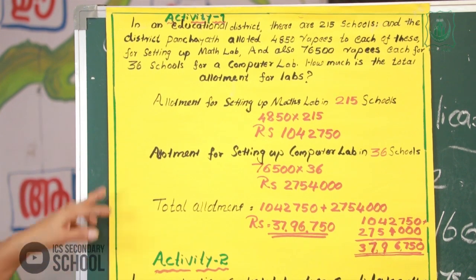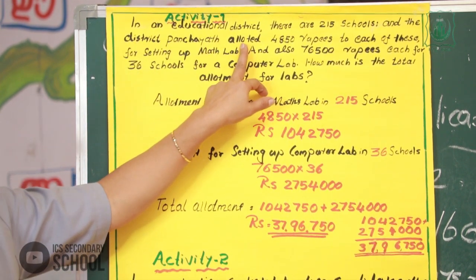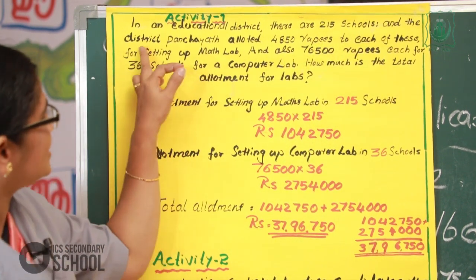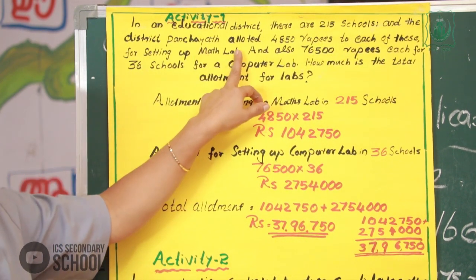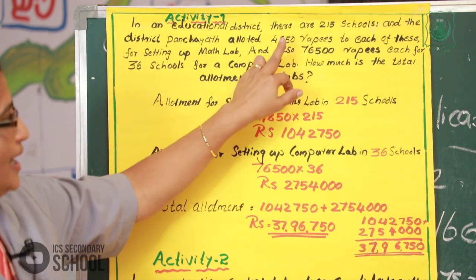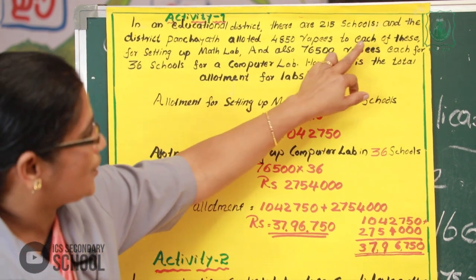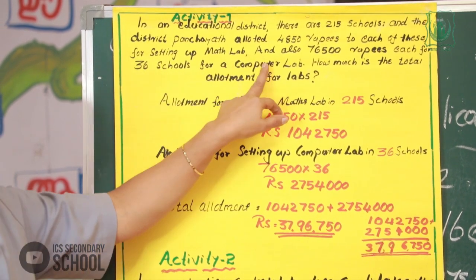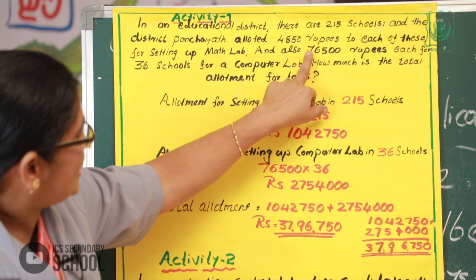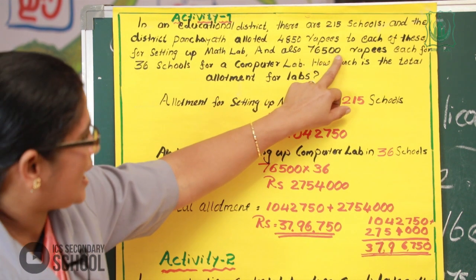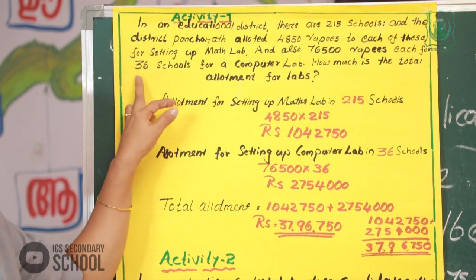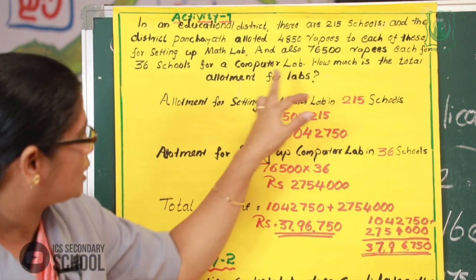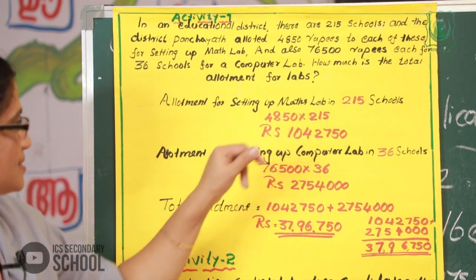Write down. In an education district, there are 215 schools and the district panchayat allotted 4,850 rupees to each of these for setting up a math lab, and also 76,500 rupees each for 36 schools for a computer lab. How much is the total allotment for labs?